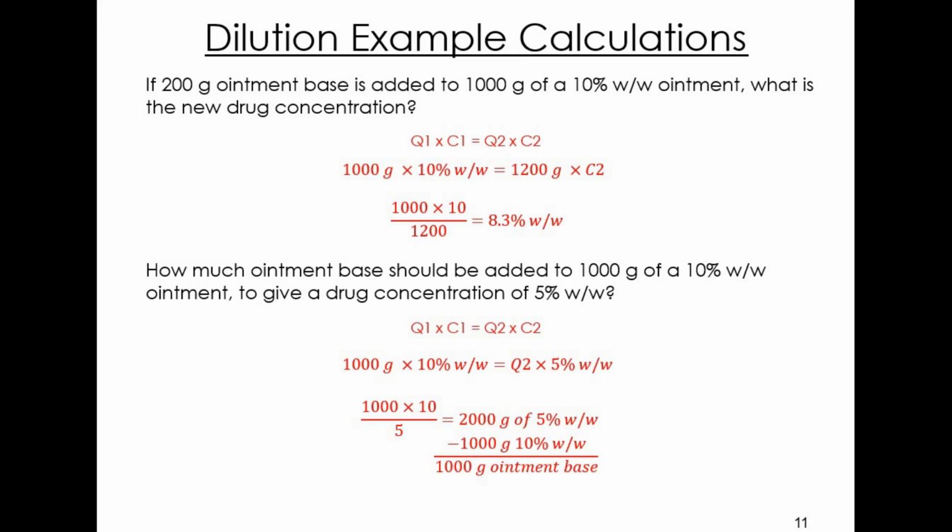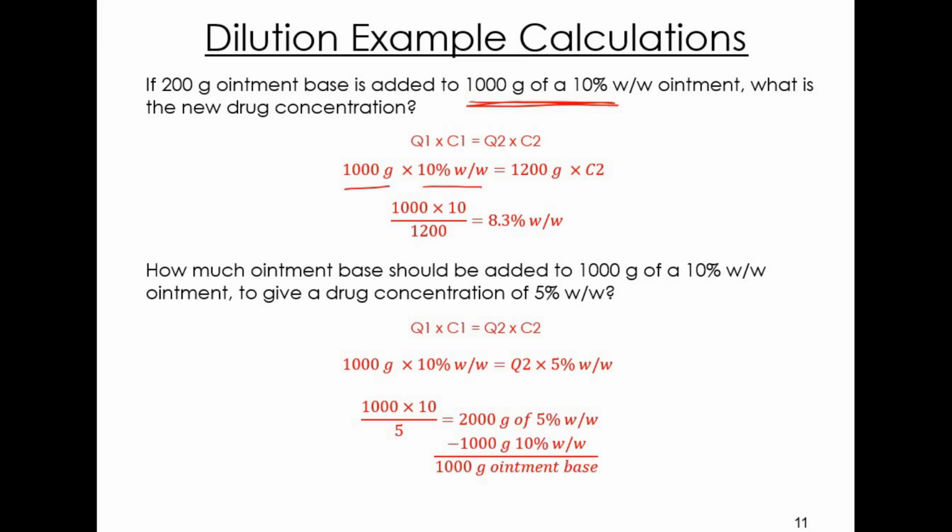So in the first of the example calculations, if 200 grams ointment base is added to 1,000 grams of a 10% weight per weight ointment, what is the new drug concentration? So if we use the formula, we would put the quantity and concentration together, and it really doesn't matter which QC you put this into, but we'll call this Q1 and we'll call this C1.